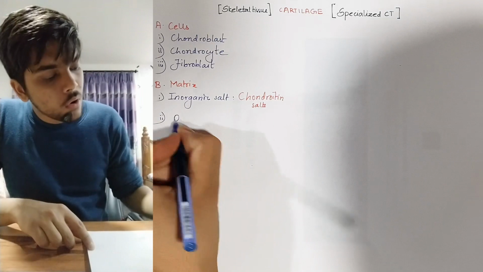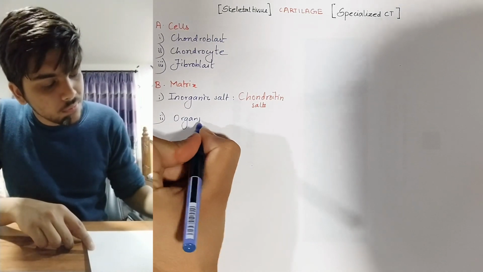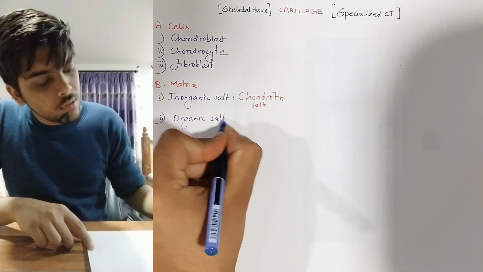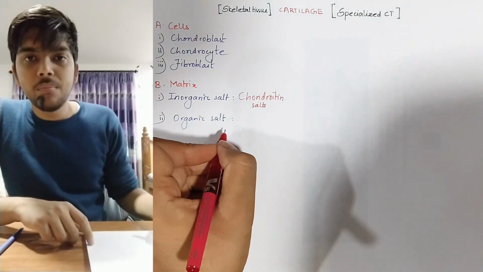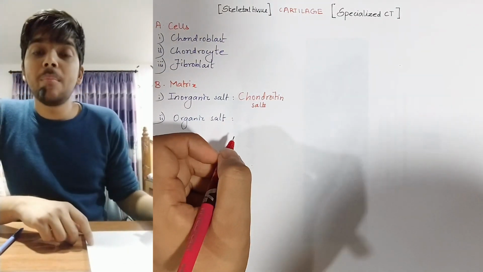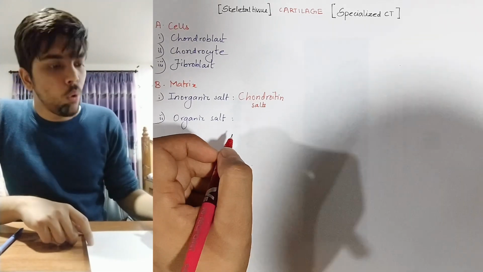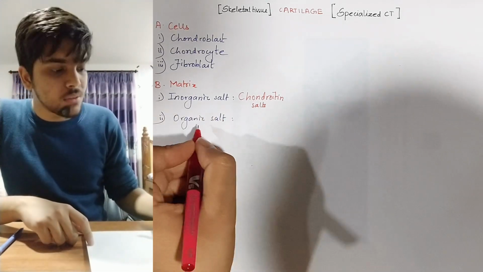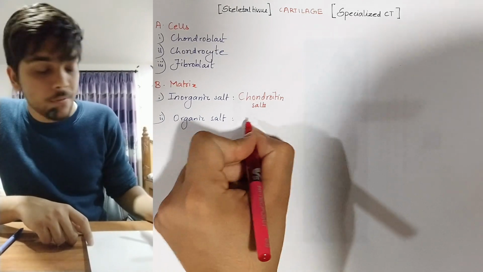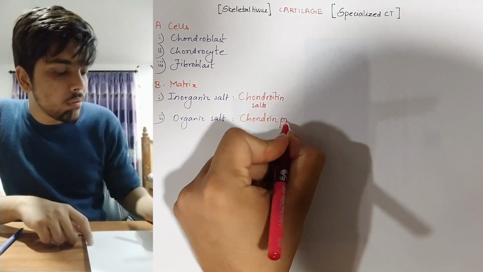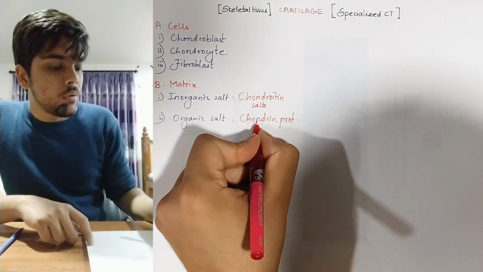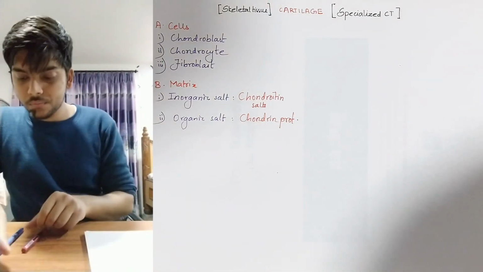And then your organic part. In bone, the matrix contained the protein ossein. Similarly, in cartilage as well, there's the presence of chondrin protein in the matrix, or the cartilage protein.